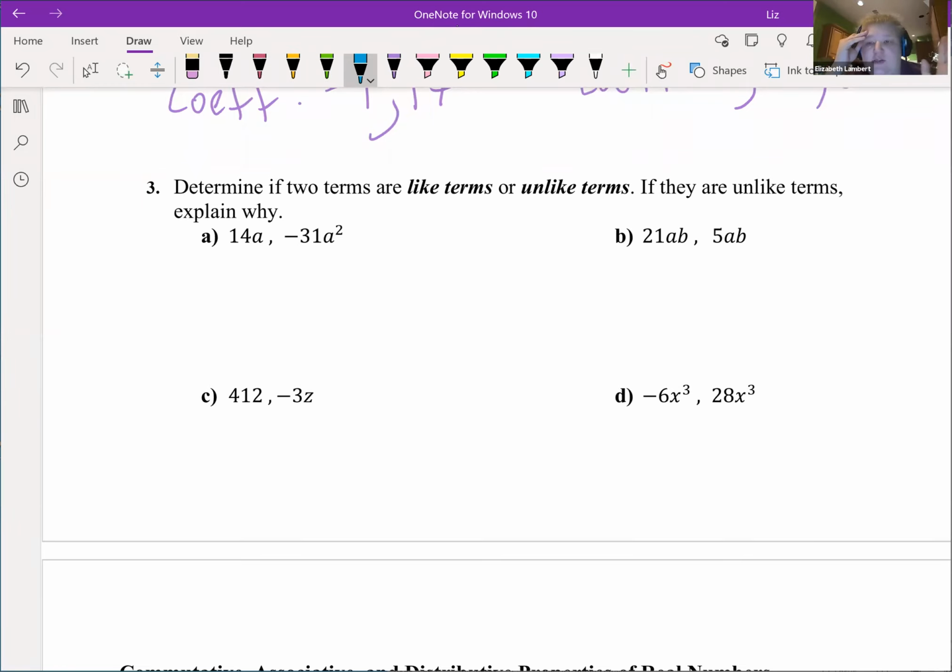So A is 14 A's. That's how I read it. And then I have negative 31 A squareds. So A's and A squares. So regular A's are not the same as square A's. So those are not like terms.